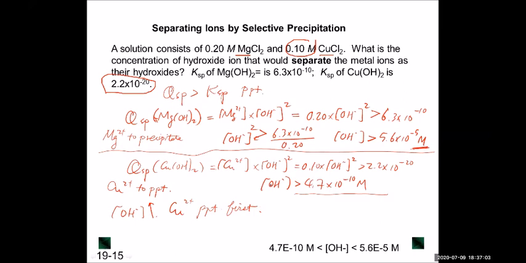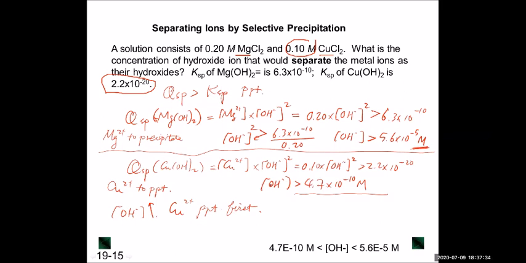Does this make sense? Selective precipitation means we precipitate only one ion first, and that ion typically is less soluble, which means the low Ksp value. Between magnesium hydroxide and copper(II) hydroxide, the copper(II) hydroxide is less soluble. So that should form precipitate first.